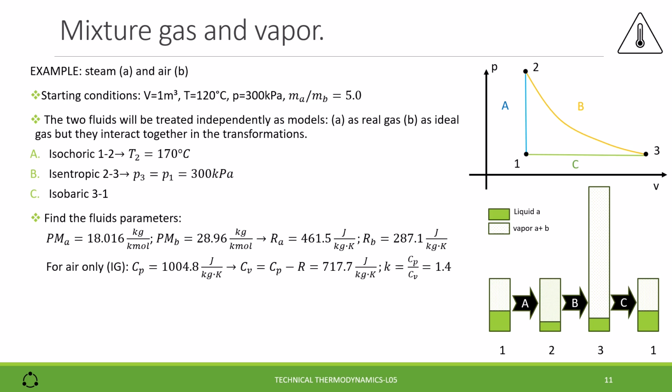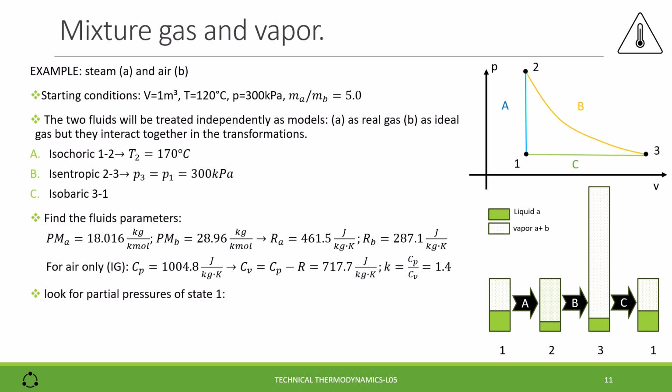For air, we consider as ideal gas, we know the Cp, we calculate Cv as Cp minus R, and we calculate K as the ratio between Cp and Cv. The values are displayed here.